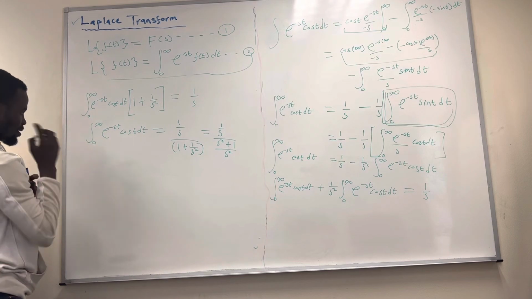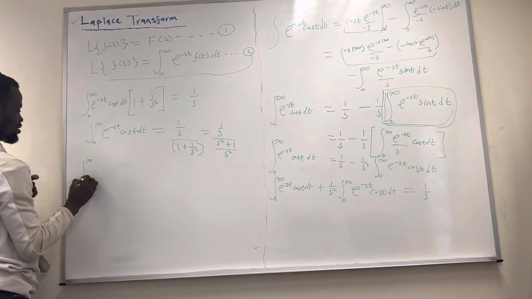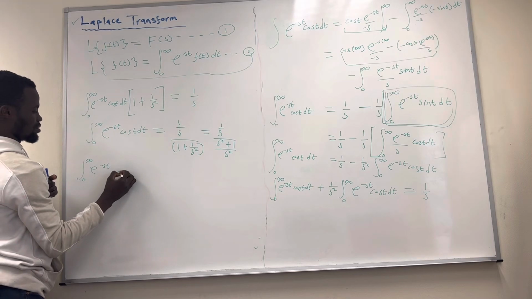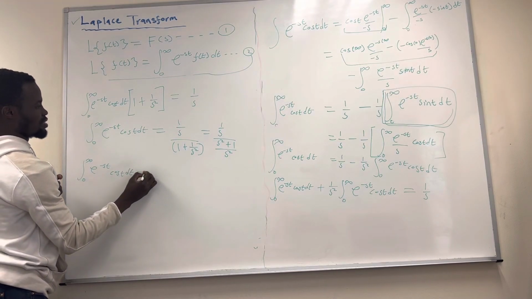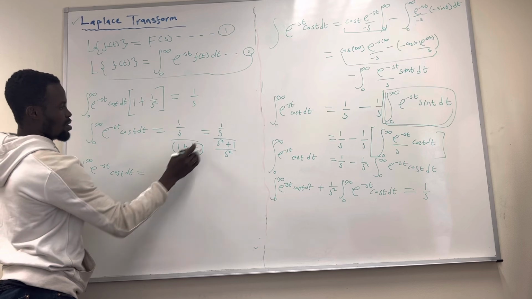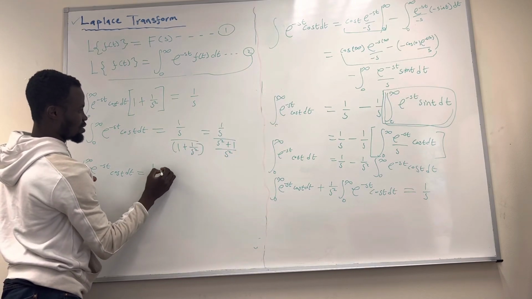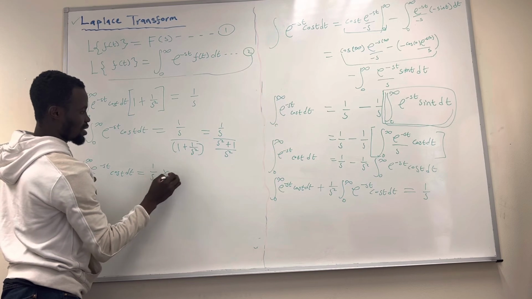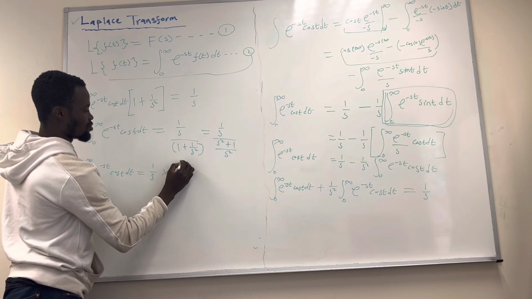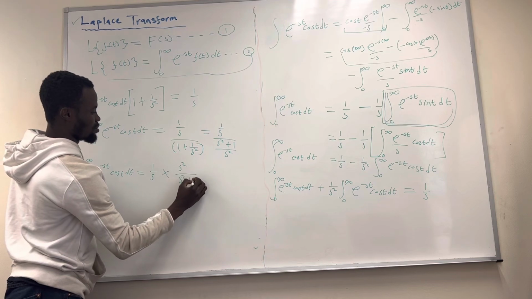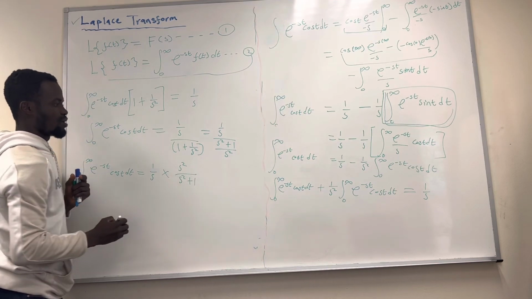So now we have this integral equal to 1 over s times s squared divided by s squared plus 1.